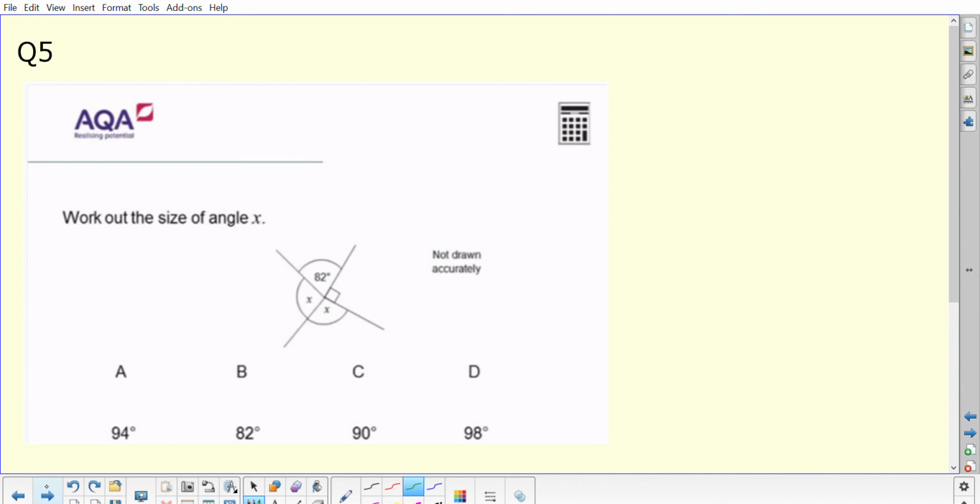This time our angles are not making a straight line, they are all the way round a point, and angles round a point add together to make 360 this time.